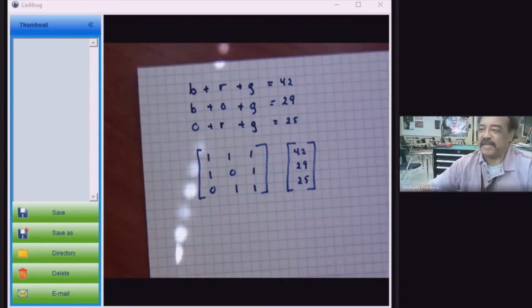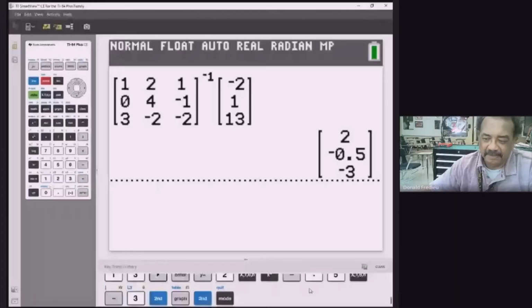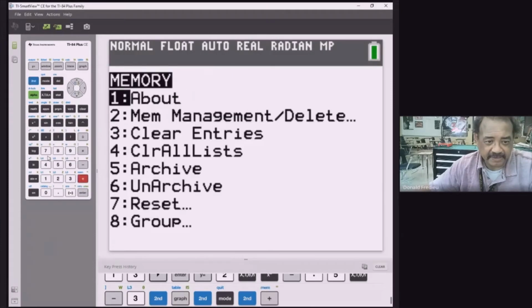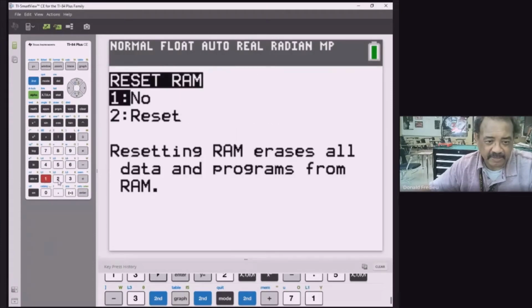Okay, let's work this one out. So I'm going to stop presenting that and go back to the calculator. I'm going to clean it out a little bit, so I'm going to reset: 2nd plus 7, 1, and 2.